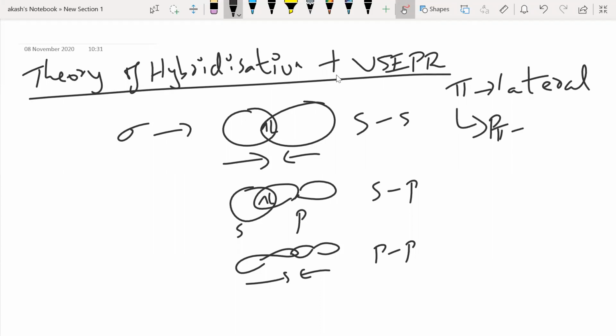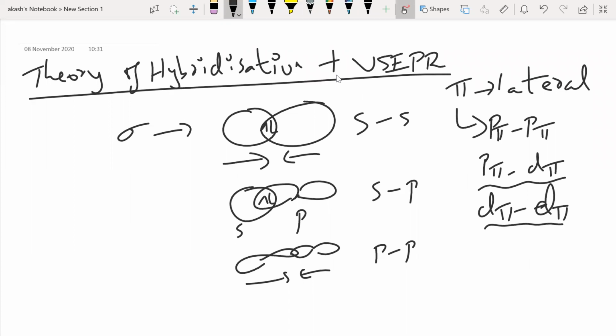I can have p pi, p pi, d pi, or I can have d pi, d pi. You can see there's no way that s orbitals are going to get involved here. The d pi types are not so important.